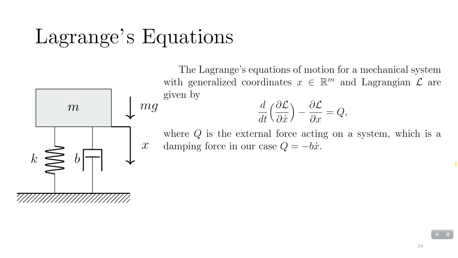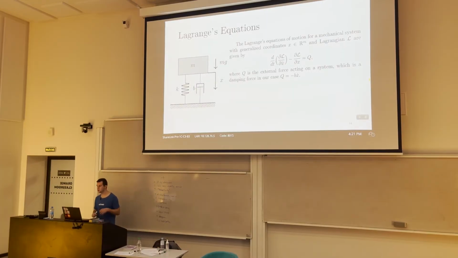So we know the Lagrangian, and we know x is called a generalized coordinate. Generalized coordinates are the coordinates which can represent the state of a system.